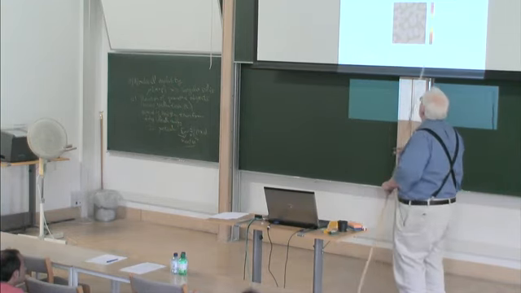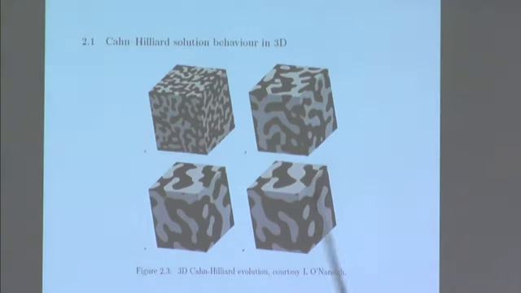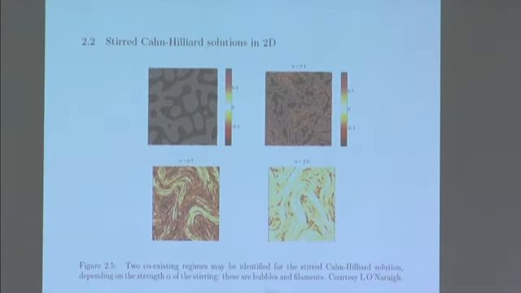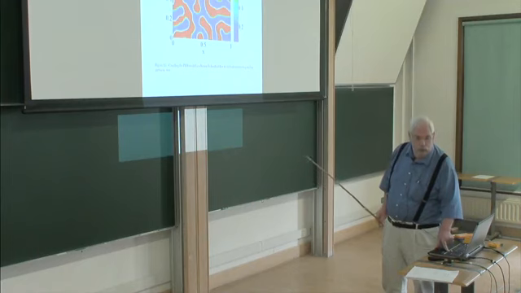Okay, so in the first lecture we talked about Cahn-Hilliard equations in 1D, 2D, 3D. We talked about what happens when you stir the Cahn-Hilliard dynamics, so that one part of it is trying to demix, but when you turn on the stirring, it tries to mix, and there's a competition between them. We talked about chemotaxis and how sometimes the results of an equation like the Keller-Siegel equation look sort of like Cahn-Hilliard, but other times they blow up.